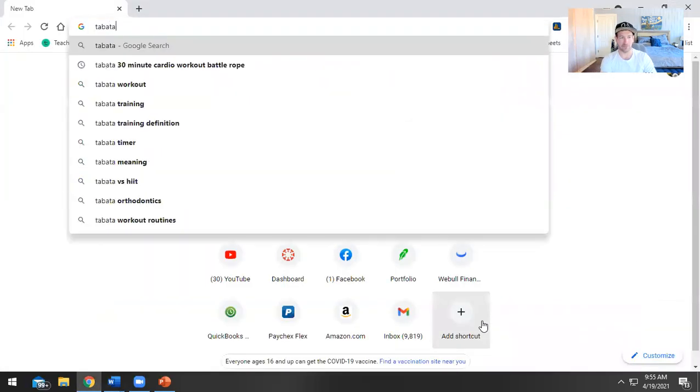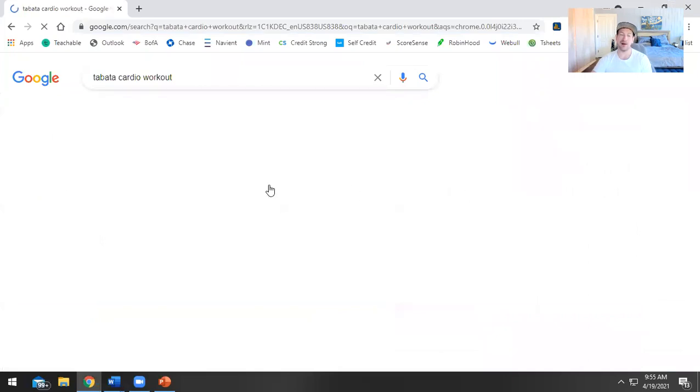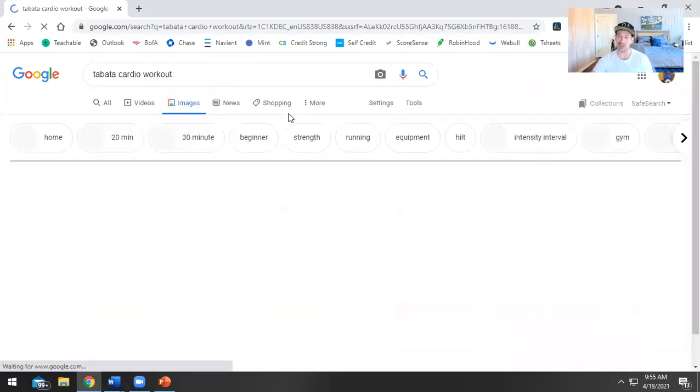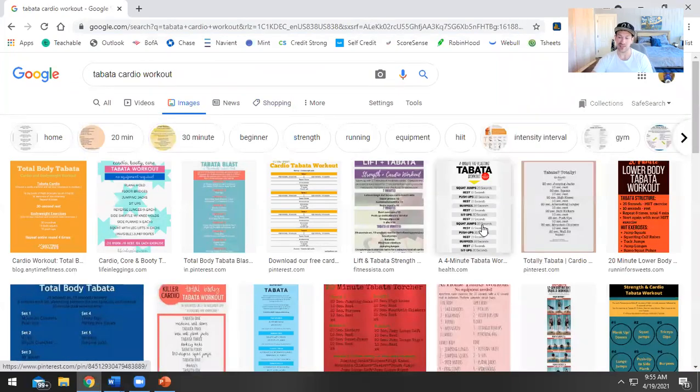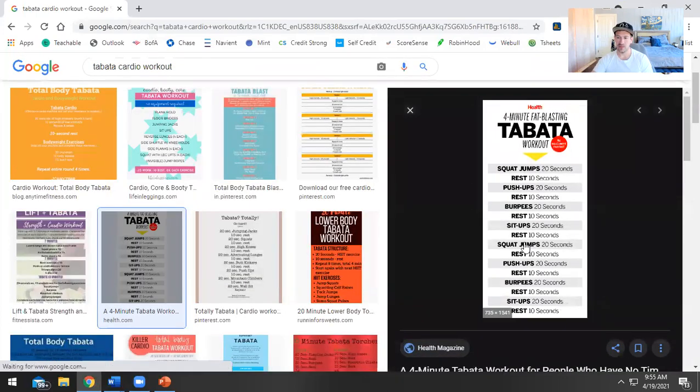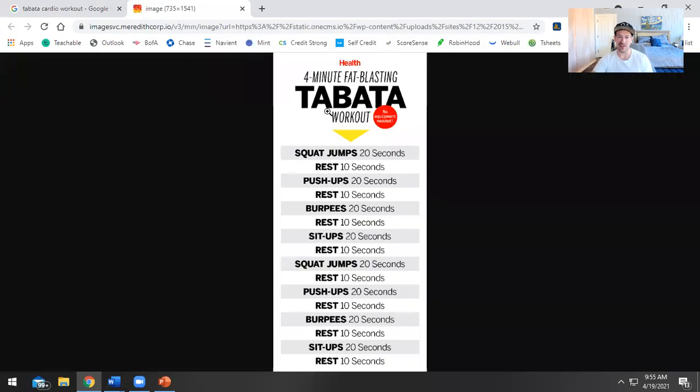A Tabata is 20 seconds on with 10 seconds of rest. If you were to literally repeat this 4 times, squat jumps, push-ups, burpees, sit-ups, squat jumps, push-ups, burpees, sit-ups, yeah, this is a Tabata. This is 4 minutes.